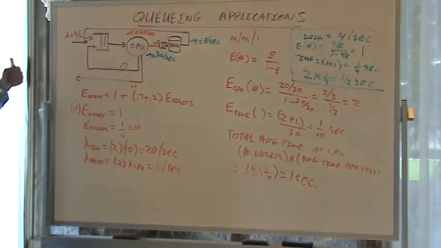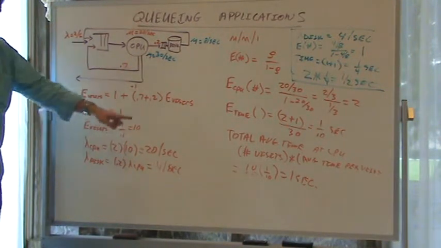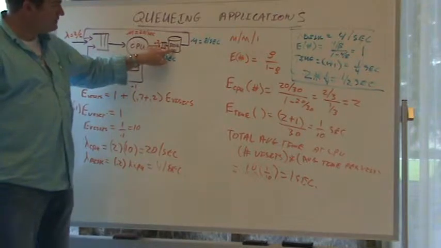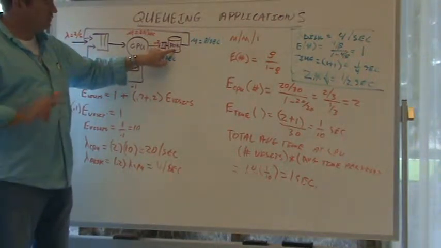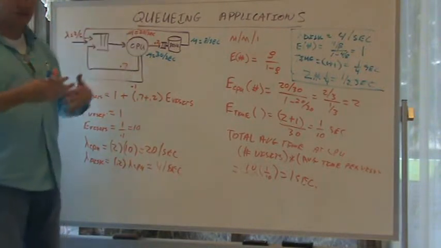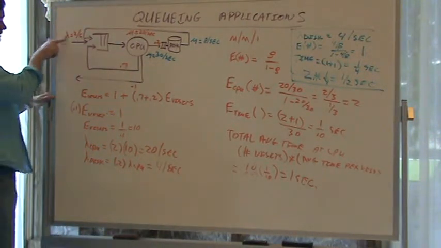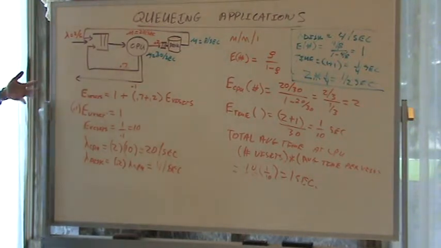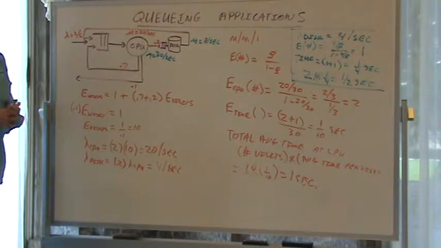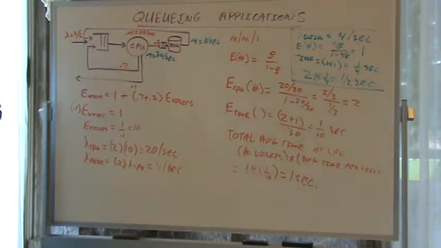So we will spend a total of 1 second at the CPU, 10 visits, 1/10 of a second each, and a total of a half of a second at the disk drive, 2 visits, each visit 1/4 each, and that includes all the stuff in front of us. So the total time for us to get in the door and out running would be 1.5 seconds. So you add up the total time you spend at each device, and that would be the total time in the whole system.